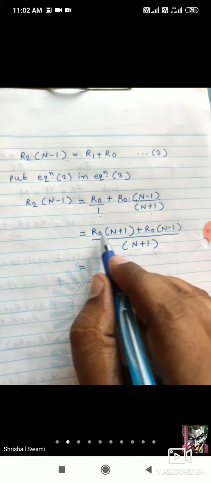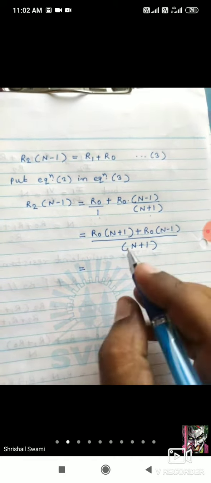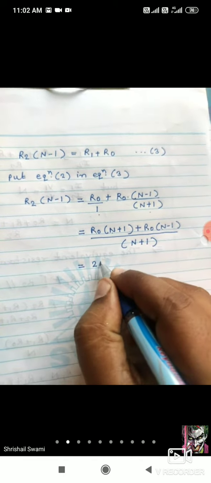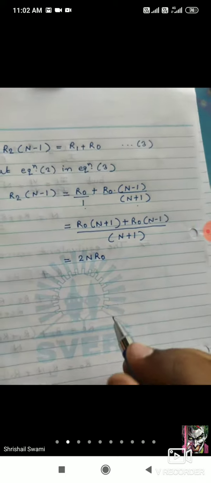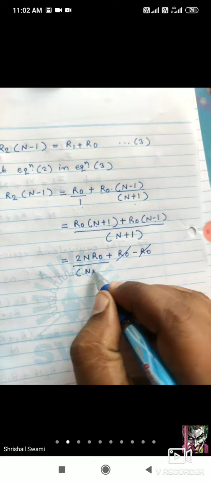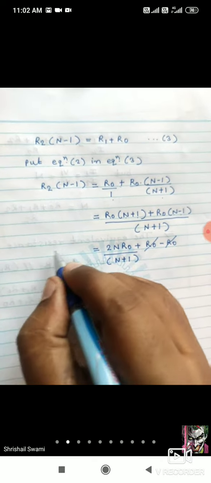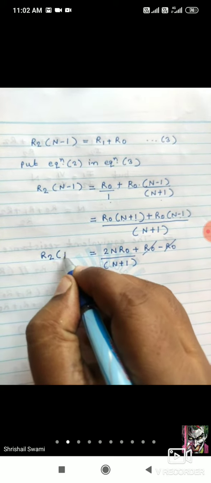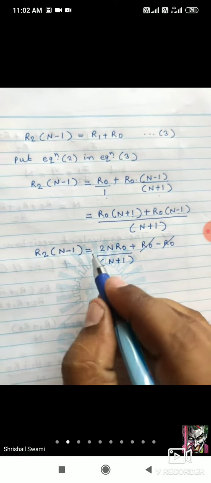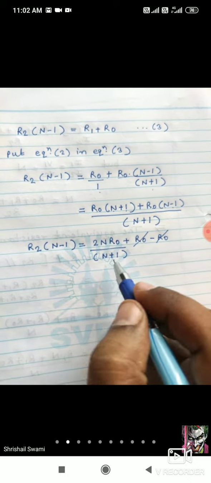Solving, R0 into n and R0 into n give 2n into R0. R0 into 1 and R0 into minus 1 get cancelled. This gives R2 into n minus 1 is equal to 2n R0 divided by n plus 1.